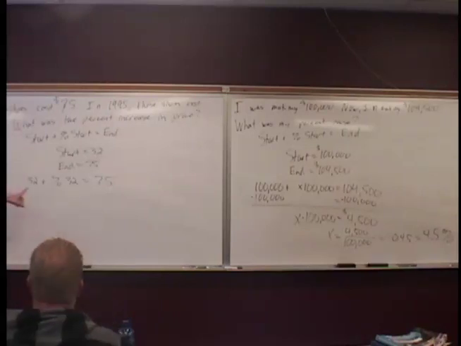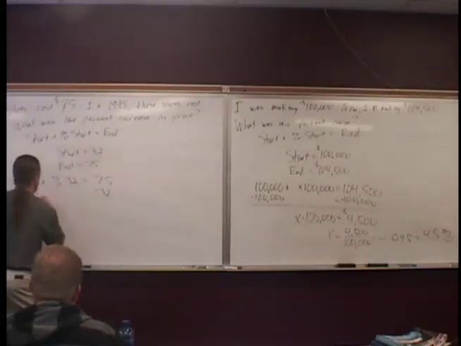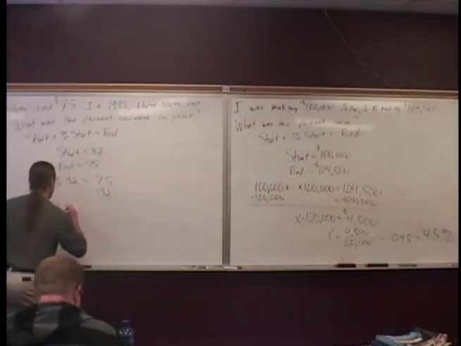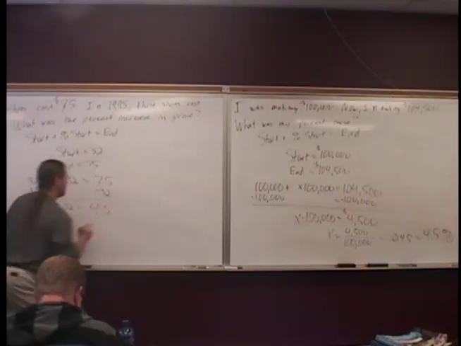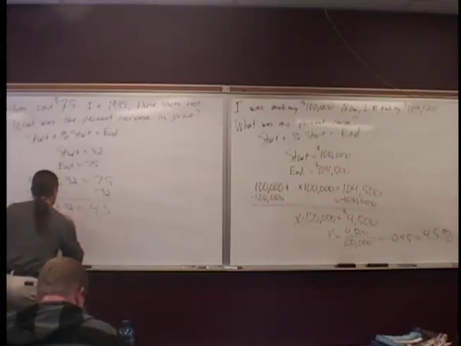What am I going to do first to get the percent by itself? Subtract the 32. What am I going to do to get the percent by itself? Divide by 32.